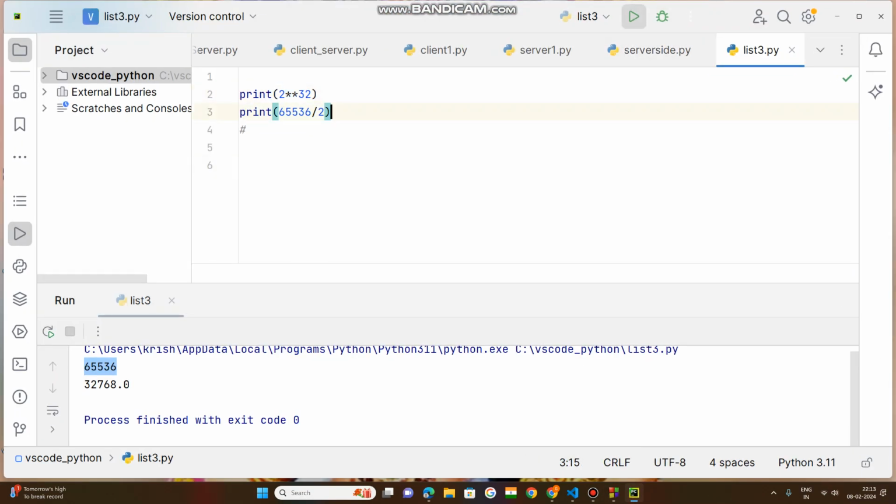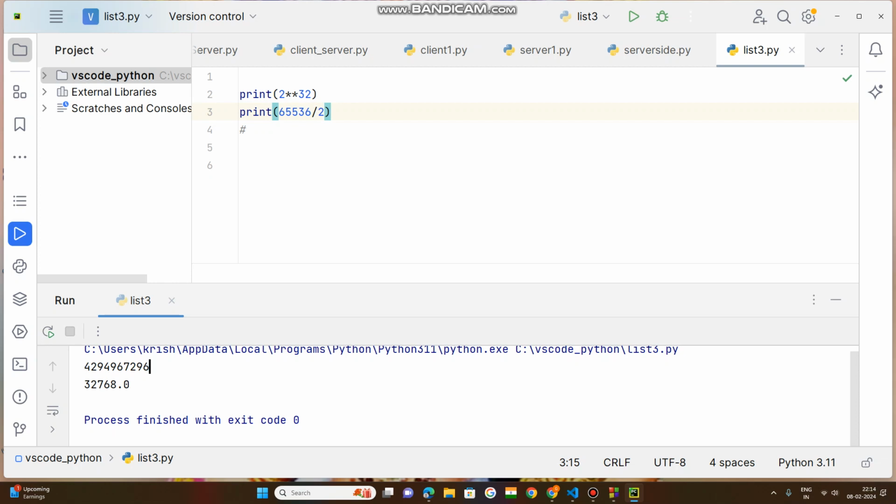Now if you run this code, you will get this big number. This is how many numbers it can store: ones, tens, hundreds, thousand, 10,000, lakh, 10 lakh, crore, 10 crores, 100 crores, 429 crores, 49 lakh, 67,000.